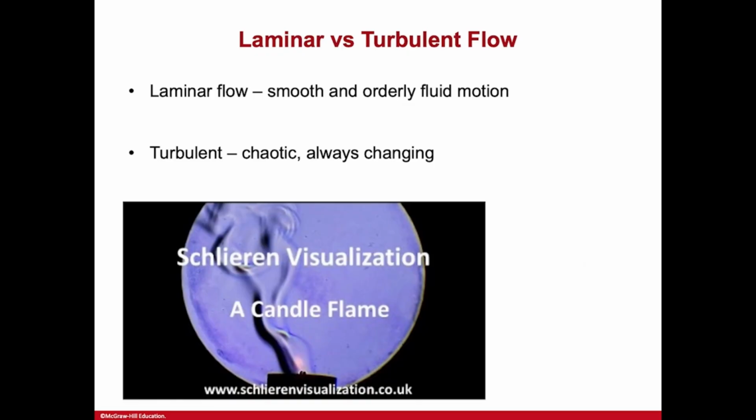So the next thing we have is something called laminar and turbulent flow. Probably you're familiar with this. So essentially, I'll start off with this video which shows air rising from a candle, right? So it's essentially a basic convection current.